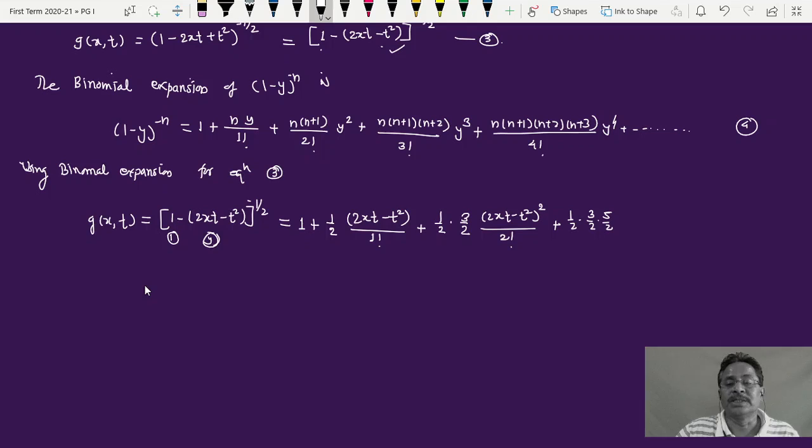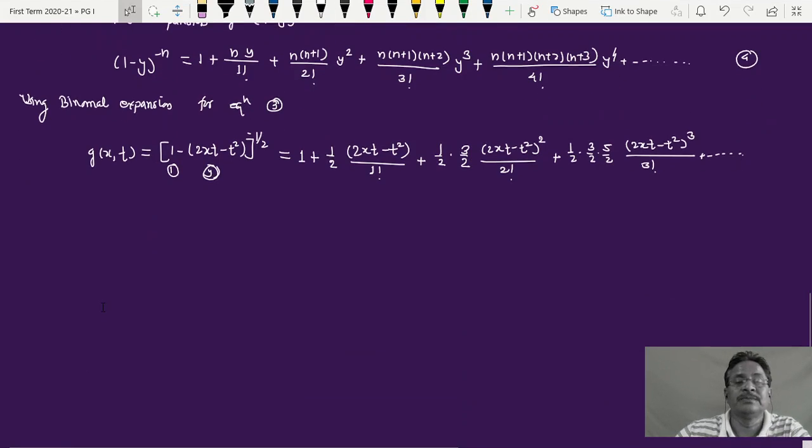So 1 by 2 into 3 by 2 into 5 by 2 into this time (twice xt minus t square) raised to 3. Here it is raised to 1, raised to 2, raised to 3, divided by 3 factorial, and so on. Now simplify this.